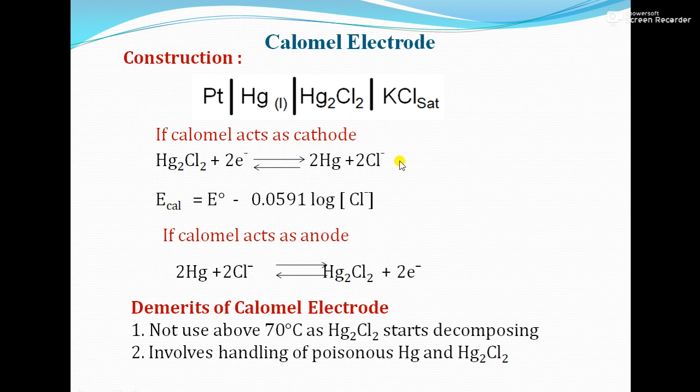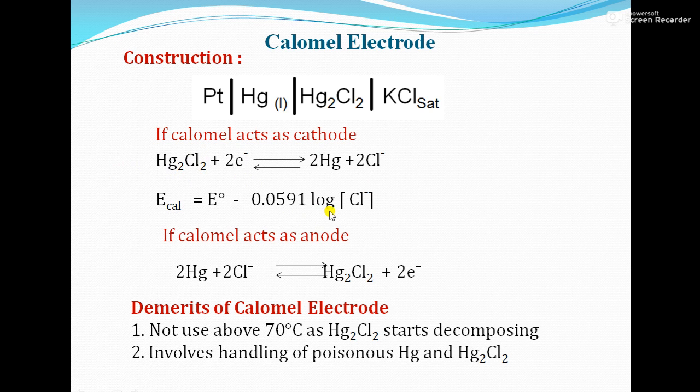So as in the case of reduction, the Nernst equation is E cell is equal to E0 minus 0.0591 upon n log of product side upon reactant side. So the product side is Cl minus and the reactant side is Hg2Cl2, and the number of electrons is 1.